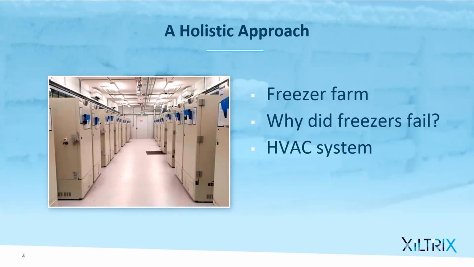So if you want to do proper monitoring, you want to make sure that you don't have any damage. Just monitoring the temperature of your -80 freezer is not going to be enough. You have to look beyond that. You have to look at your ambient temperatures. You have to look at power failure. You have to look at all kinds of additional parameters in order to be able to actually control your sample stock and to prevent any kind of damage that would occur in case your AC would fail.